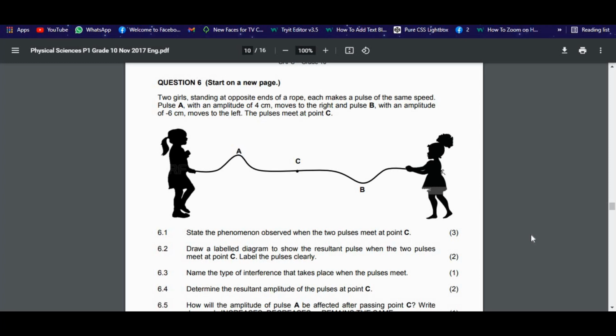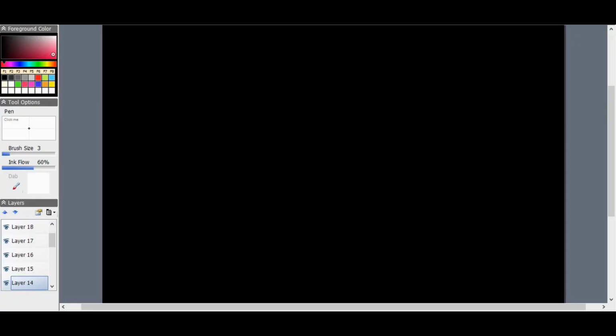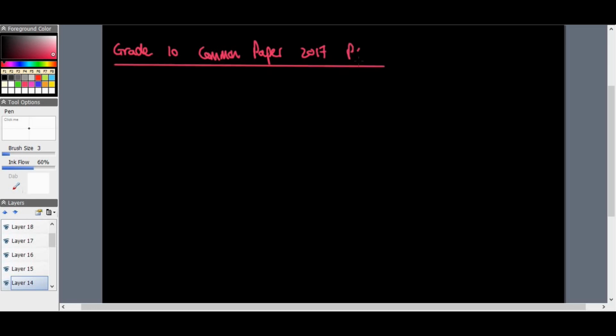I don't know if anybody remembers this from last week, but let me just title the paper first. So this is grade 10, the common paper, 2017, paper 1, and 6.1, it's called the superposition of pulses.